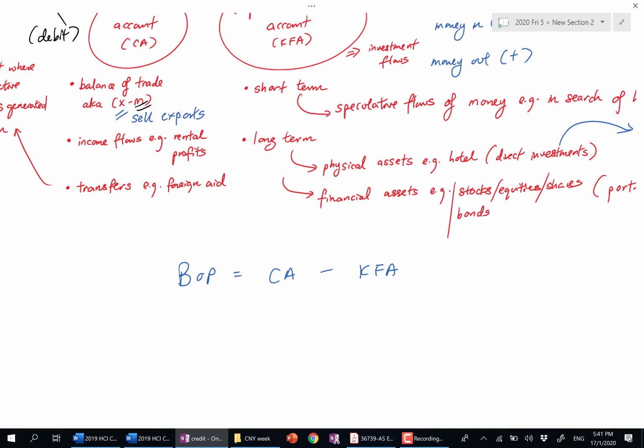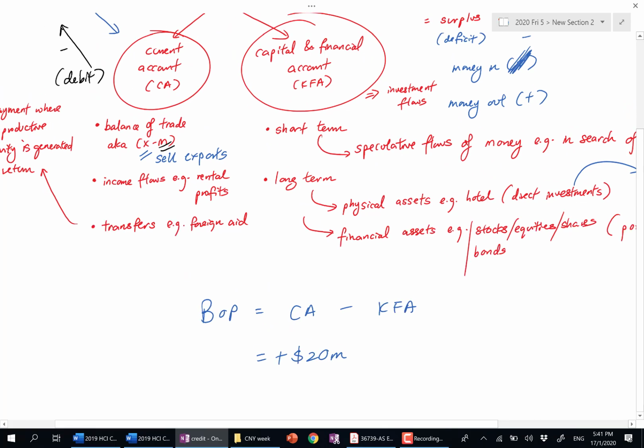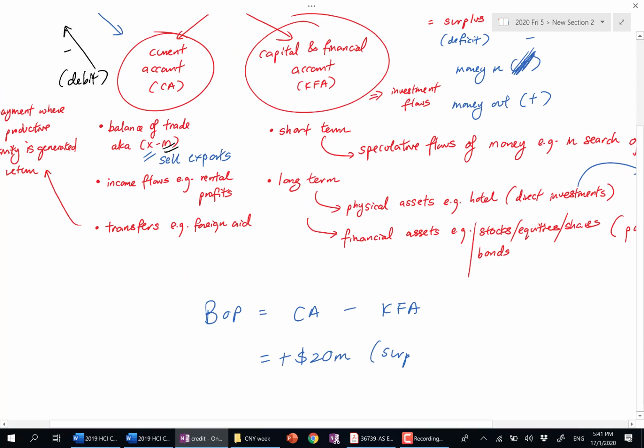So, if the whole thing is positive, let's say it's $20 million, what happens to the surplus? But you can see why we like surpluses, right? As we speak, there's a trade war going on between US and China. It's been toned down a little bit by something symbolic that was signed about 2 days back, but it's still ongoing.